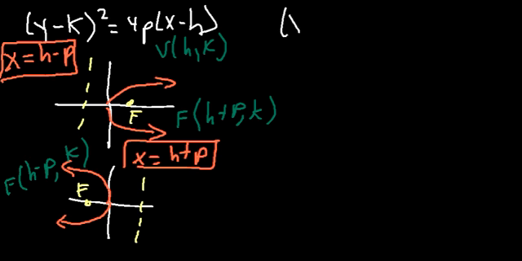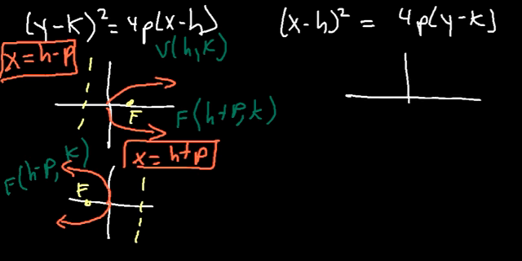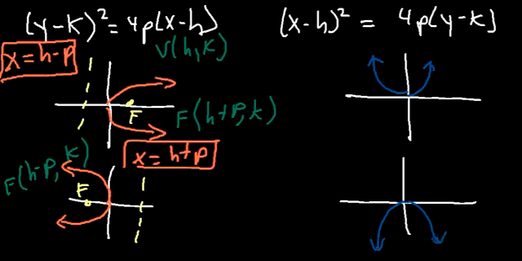Now for the other one, it's x minus h squared is equal to 4p times y minus k. So for y equals x squared, it can open up or it can open down. Here p is positive, p is negative. For this one, when it opens to the right, p is positive. When it opens to the left, p is negative.